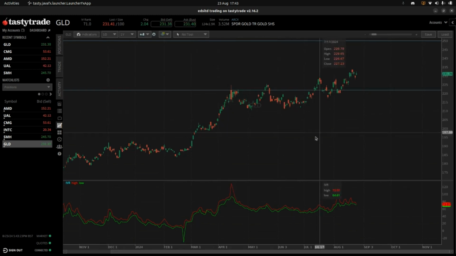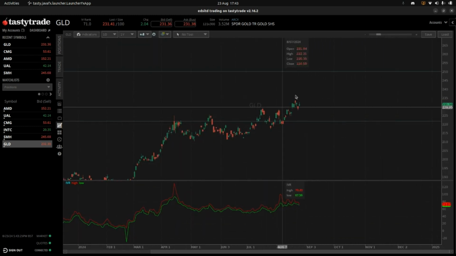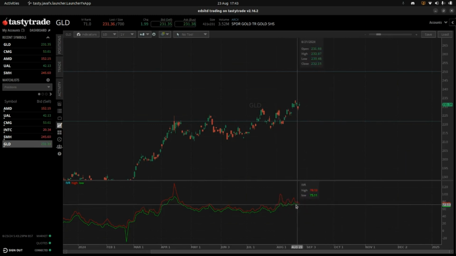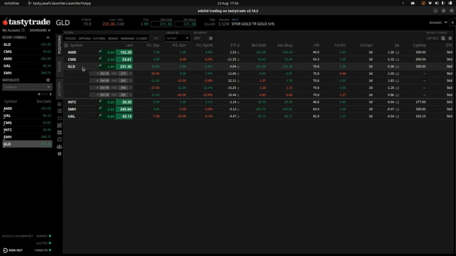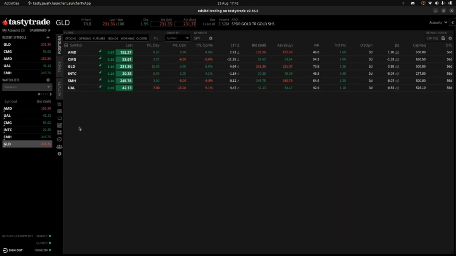About there, that'll do. We can see here GLD is perfectly within the range. We can see IVR, sorry, is slowly starting to come down, which is perfect for us. Everything is working as it should, and that is pretty much what's happening with all of these positions currently.